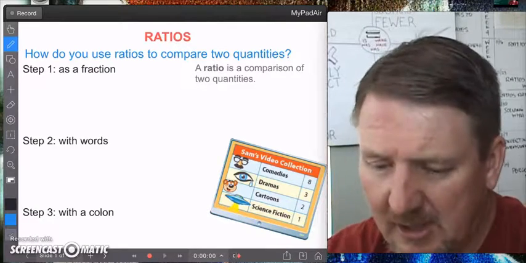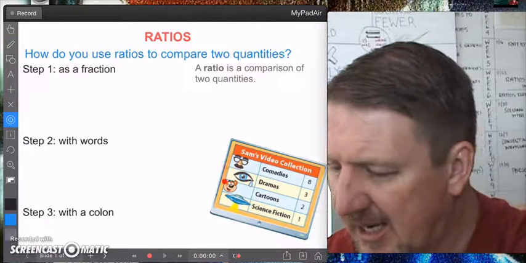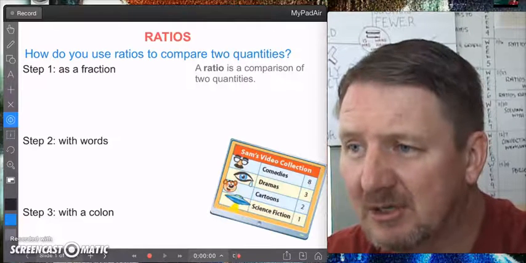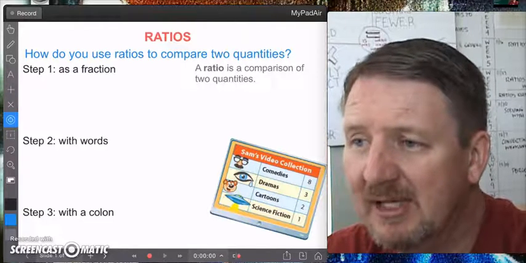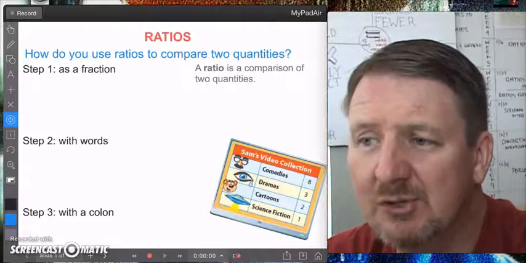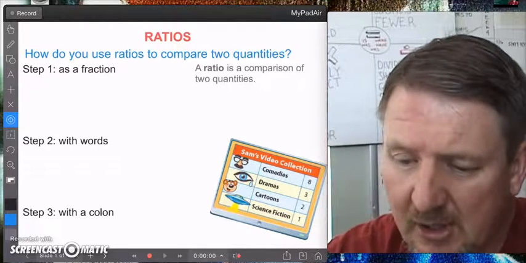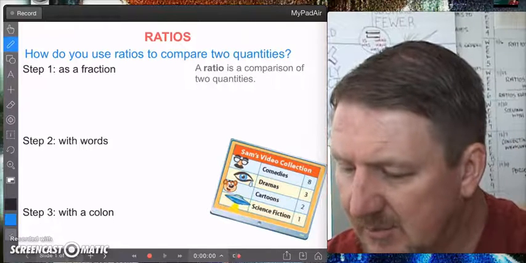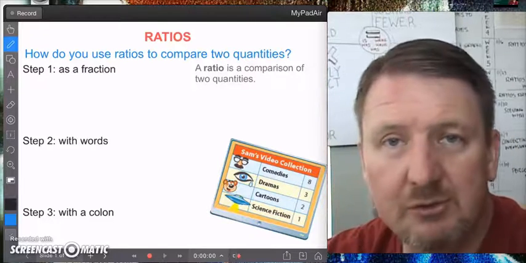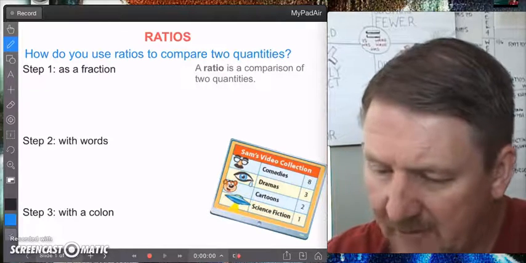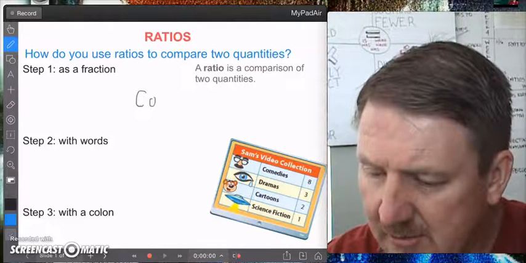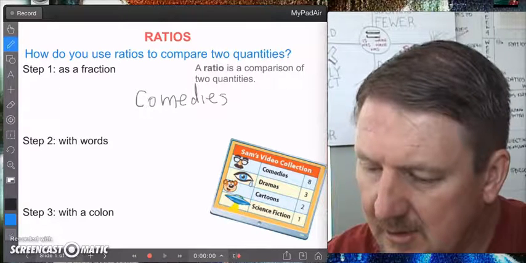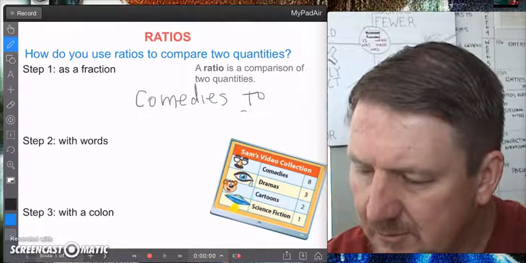Here in this particular slide I have Sam's video collection, and in his video collection he has 8 comedies, 3 dramas, 2 cartoons, and 1 science fiction. So if I were to compare the comedies to cartoons, let me write this down, comedies to cartoons.